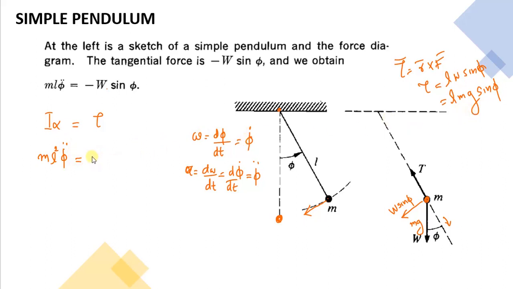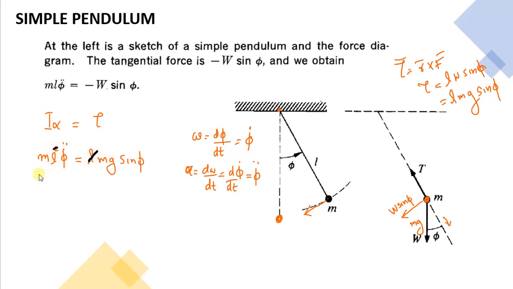Torque is L into mg sin phi. So here we have one L and here we have L squared.